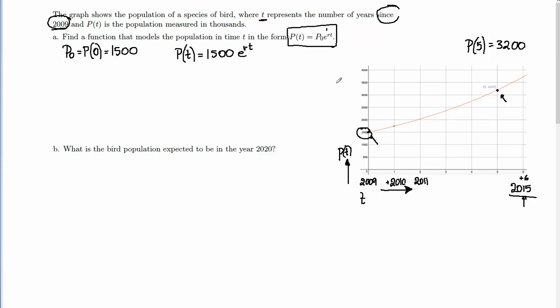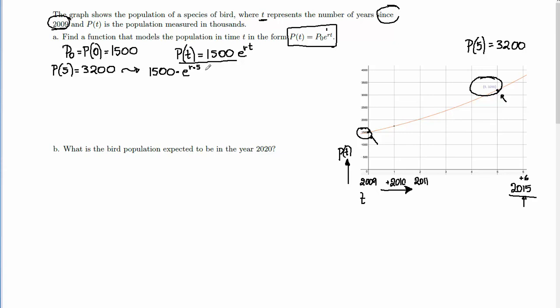Well, to find this, what we need to focus on is this extra information that we have. What do we know? We know that P of 5 is going to be equal to 3200. Well, yes, but P of 5, from the equation that we have right here, can also be written as 1500 times e to the r times 5, because t is the number 5.